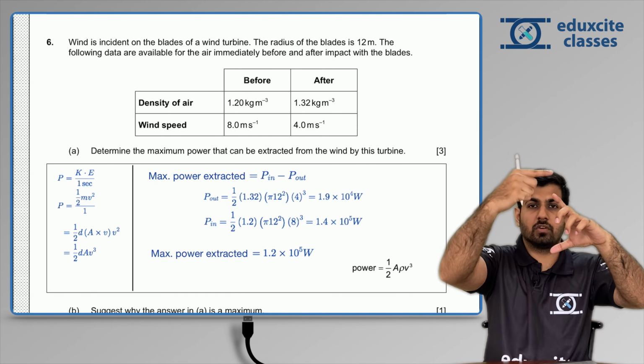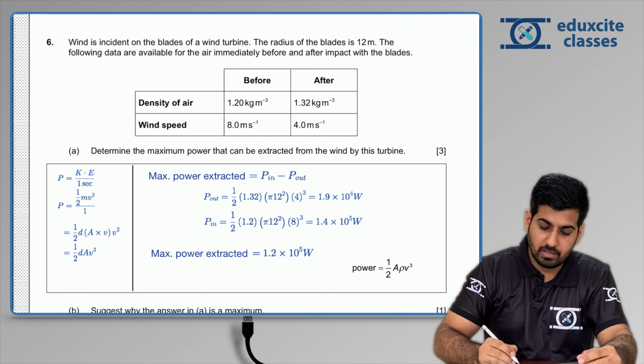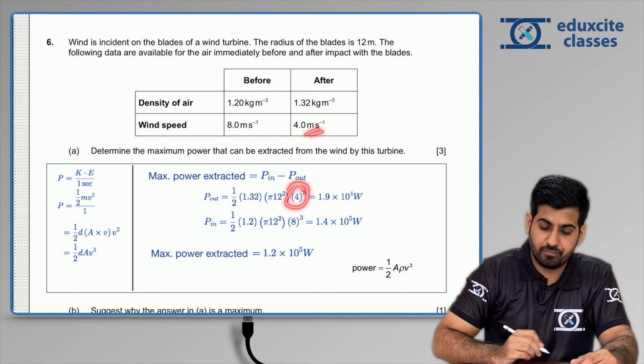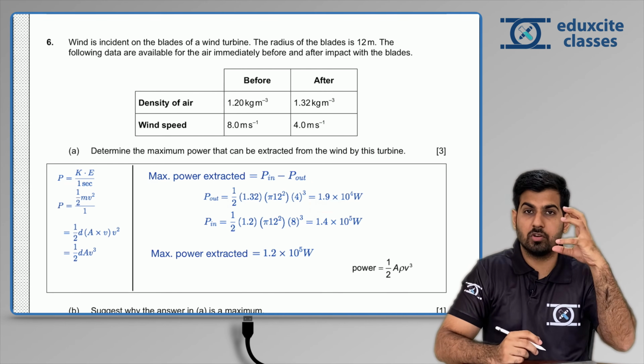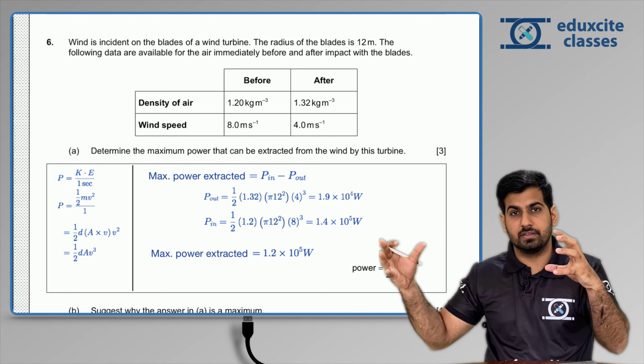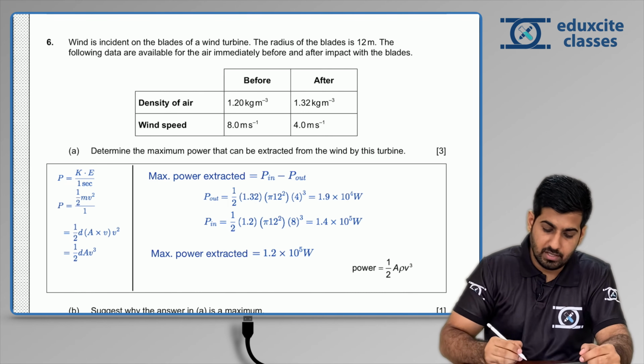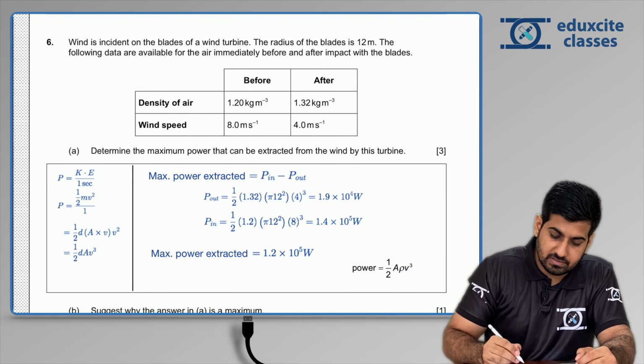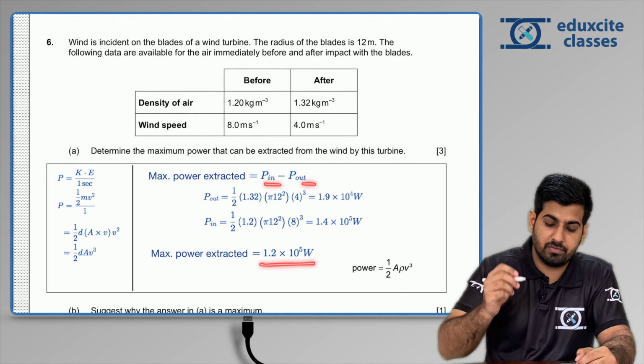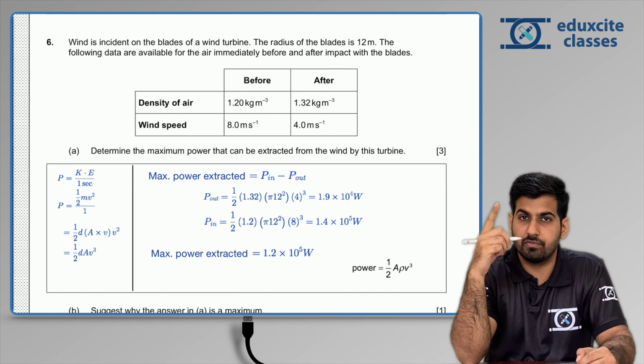The area of cross section will be pi r squared, because the blades are moving in a circular motion and the radius of the blade is given. So this much power is the output we get after the impact of the wind on the turbine. Subtracting it from the power in, we got 1.2 times 10 to the power 5 watts.